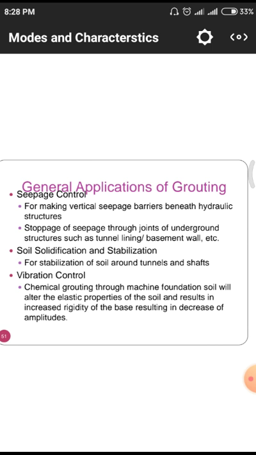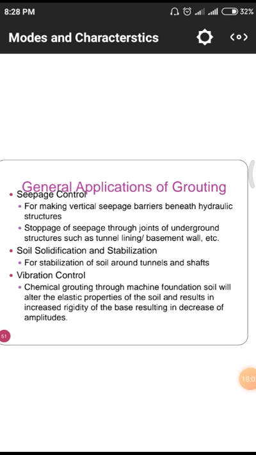For making vertical seepage barriers beneath the hydraulic structures, we utilize this. The second is stopping seepage through joints of underground structures such as tunnels, linings, and basement walls.